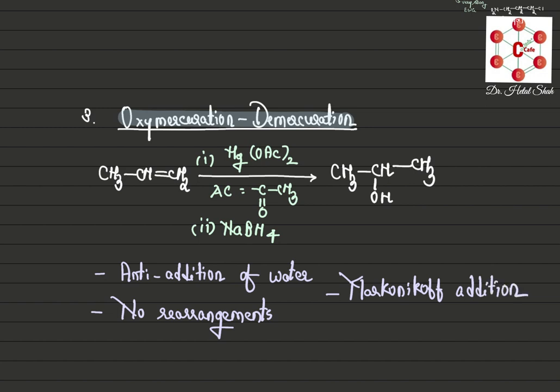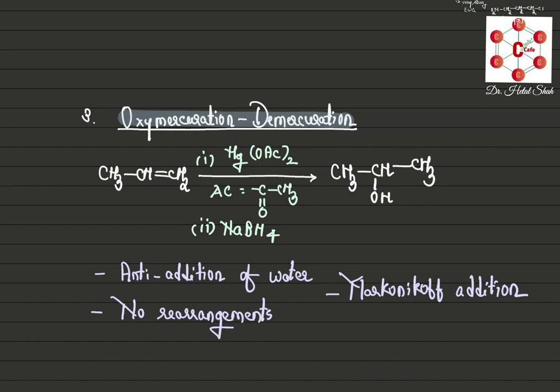So the basic difference between the two reactions was, here there is Markovnikov addition without rearrangements, and when you add water in presence of acid, it is again Markovnikov addition but with rearrangement. And hydroboration oxidation is anti-Markovnikov addition without rearrangement.